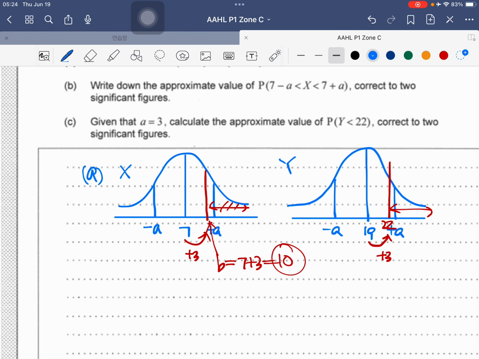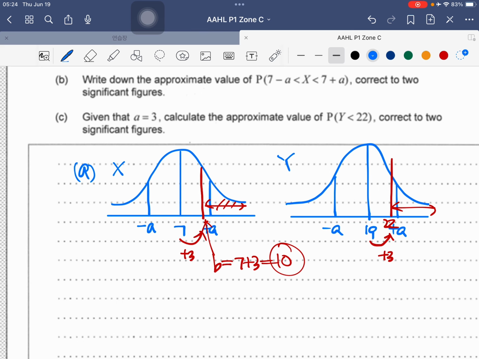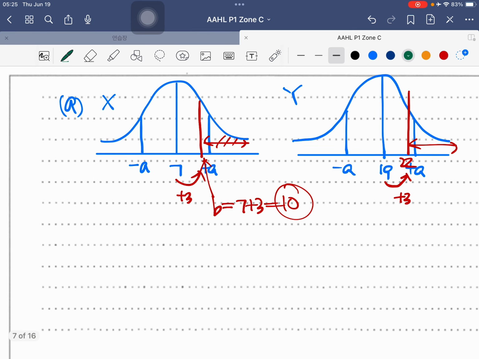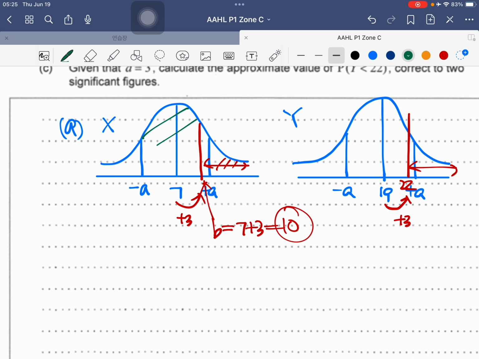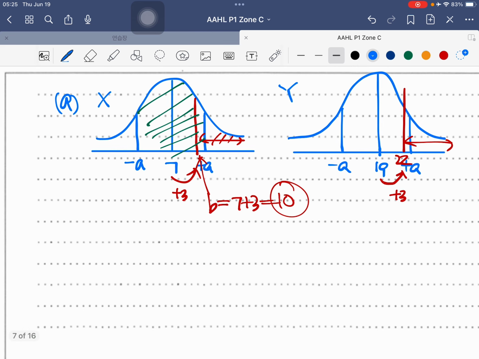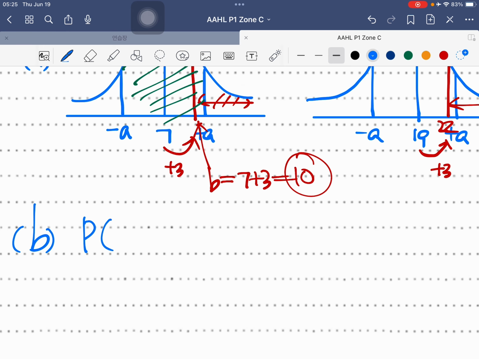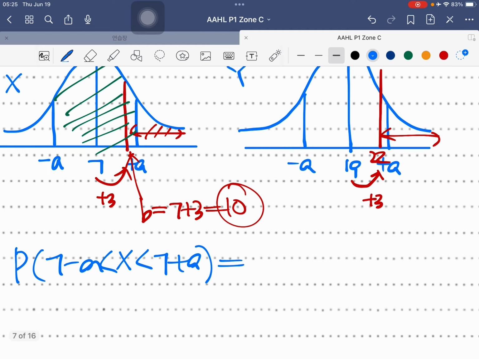Okay, write down the approximate value of p, the probability x is within 1 standard deviation. So when x is within 1 standard deviation, the probability of this portion, b, so the probability x is within 7 minus a and 7 plus a, within this range, is 1 standard deviation.